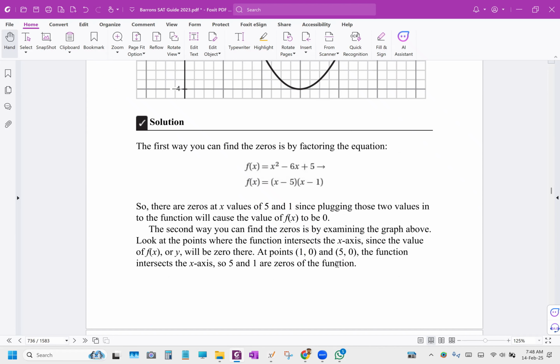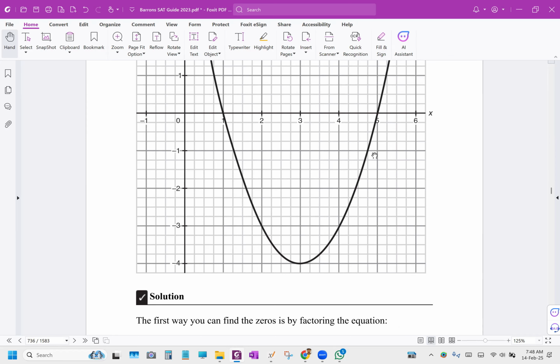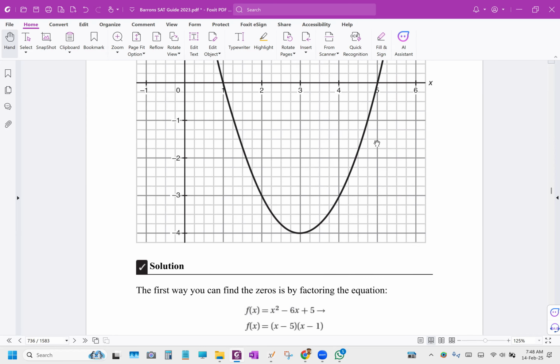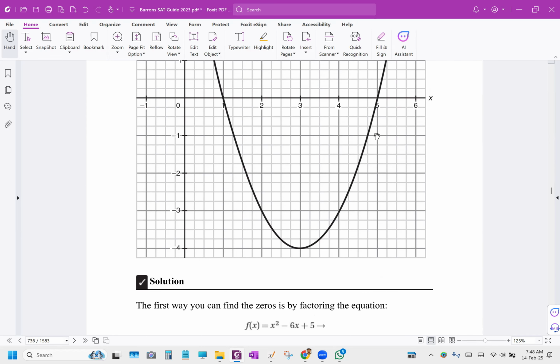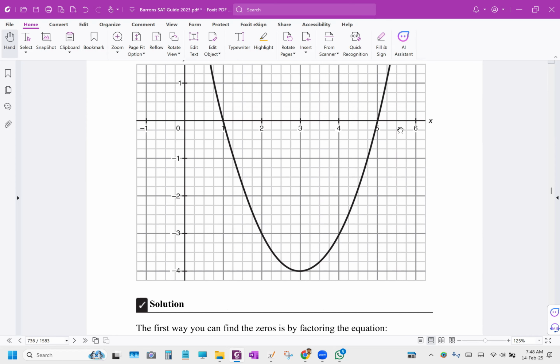So I'm telling you again. The second way you can find the zeros is by examining the graph above. Look at the point where the function intersects the x-axis, because we have already told you in our lecture 1 that these are the points where they are intersecting for any given equation.